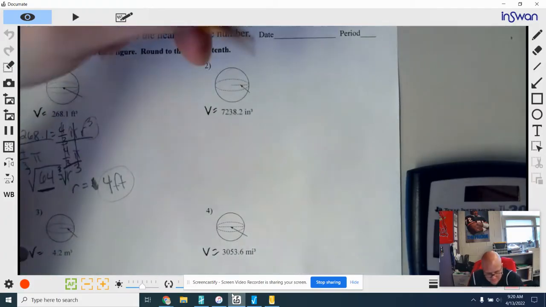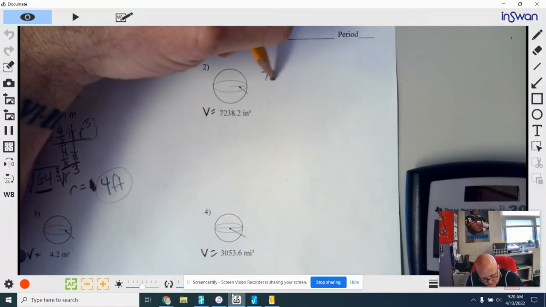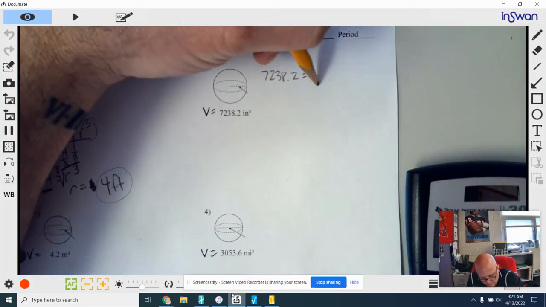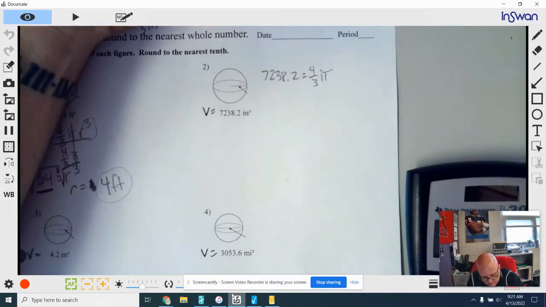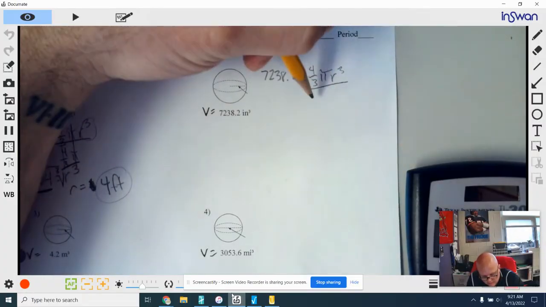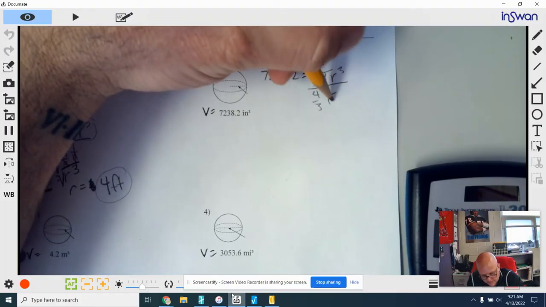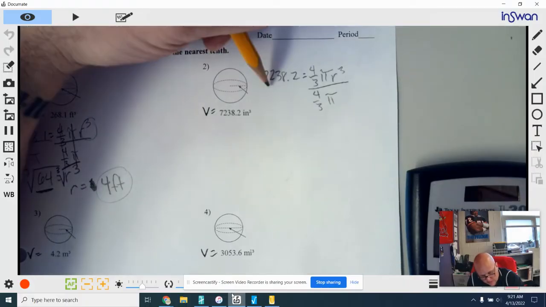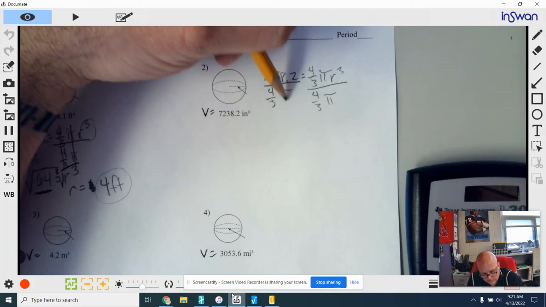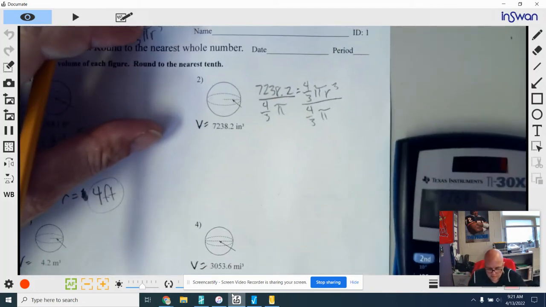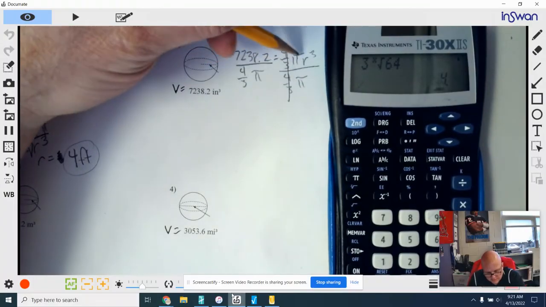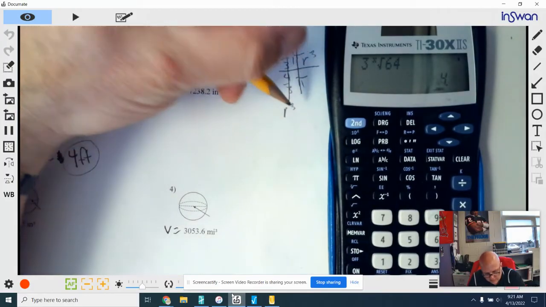So I'm going to set it up, rewrite that number, 7,238.2 equals 4/3 times pi times radius cubed. Again, I'm going to divide by the 4/3 and divide by the pi. Come over to the left side, divide by the 4/3 and divide by the pi. Okay, so now I'm ready to do some canceling. You're left with r cubed.